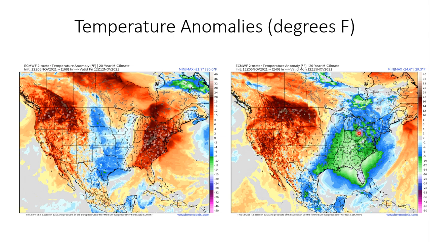And look at how much cooler below normal these temperatures are now, on the order of 14 to 18 degrees Fahrenheit below normal. And look at Florida, up to 15 degrees Fahrenheit below normal by Monday, the 15th of November. So a real interesting switch in the temperature patterns between Friday, the 12th of November, and Monday, the 15th of November across the east.